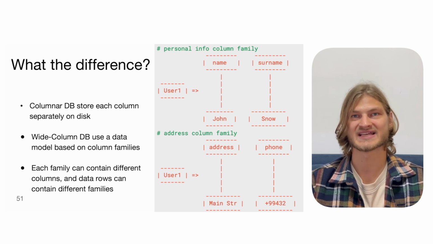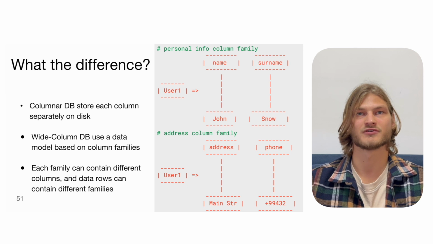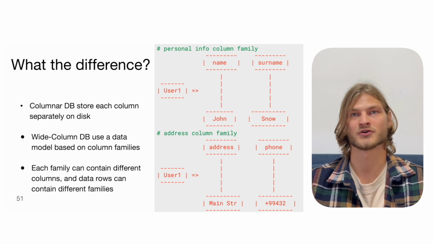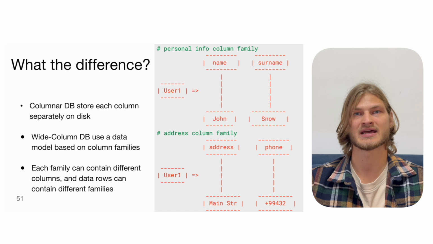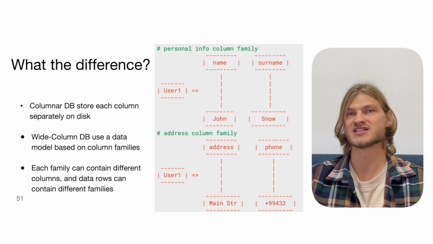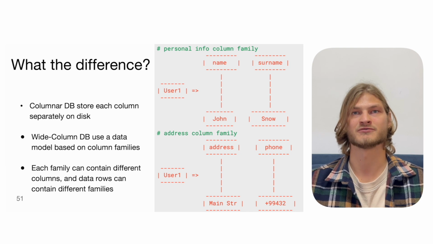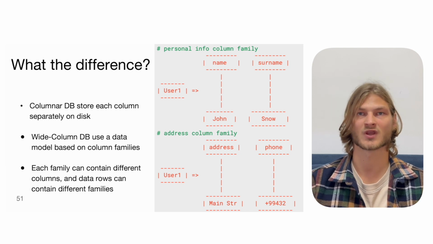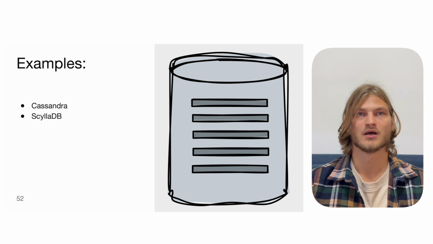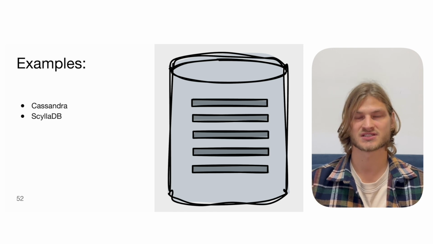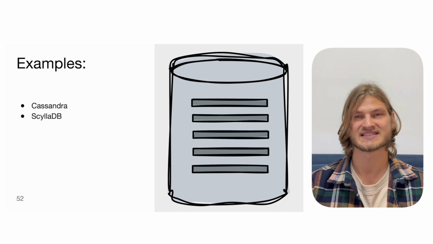And we also have a different column family for address for the same user, with the same row key but different columns. It's address and phone, and these are different column families which we can store on different parts of our disk or even on different nodes of our system. Examples of such systems are Cassandra and ScyllaDB.